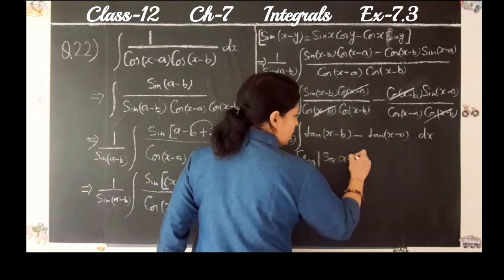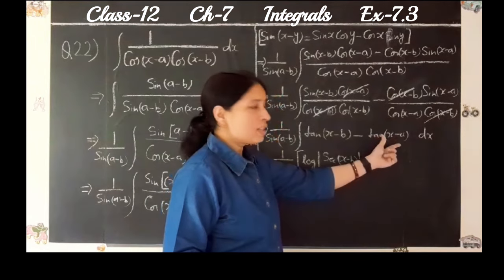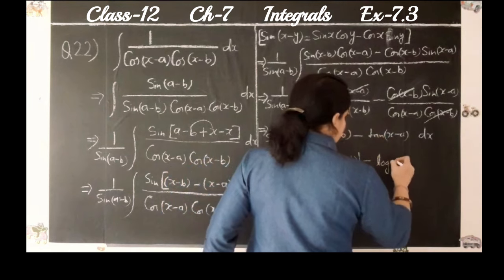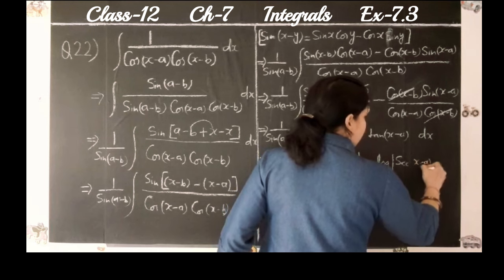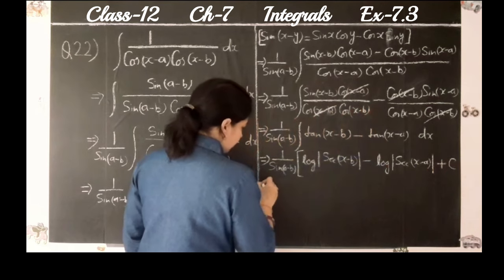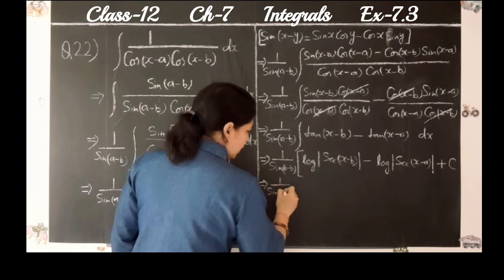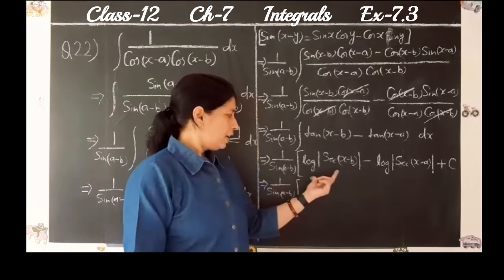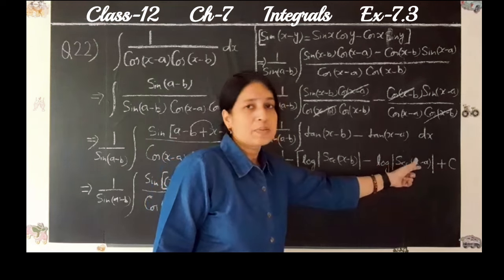So write sec(x minus b) minus, here also tan(x minus a), so it will be log mod sec(x minus a), and write a constant c. Then write this 1 by sin(a minus b). Here it is log sec(x minus b) minus log sec(x minus a).